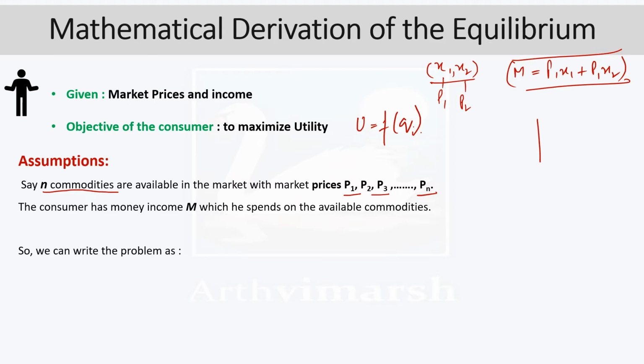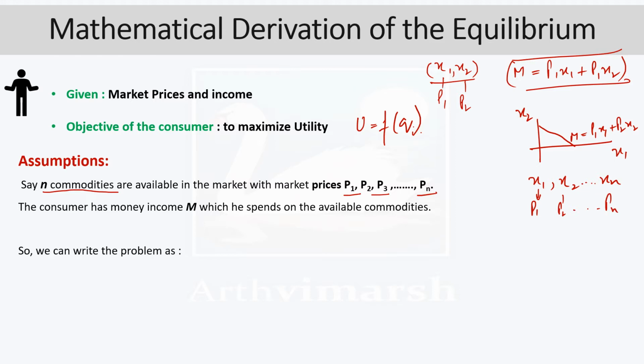Initially we had been discussing in the XY plane that we had two commodities X1 and X2, for which we were discussing our budget constraint M equals P1 X1 plus P2 X2, right? But now we are considering a general case because we are looking into the derivation, so we are considering n commodities: X1, X2, so on up to Xn, with corresponding prices P1, P2, so on up to Pn.